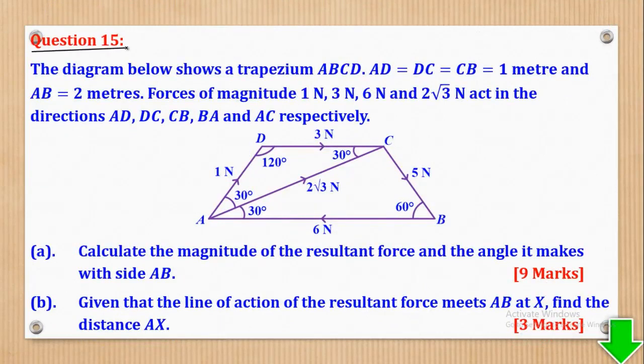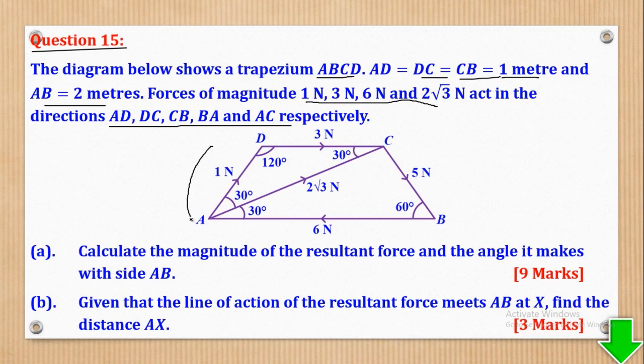Now we shall go to question 15. Question 15 says, the diagram below shows a trapezium ABCD. AD is equal to DC is equal to CB and is equal to 1 meter, and AB is equal to 2 meters. Forces of magnitude, this and that, act in the directions as shown, respectively.